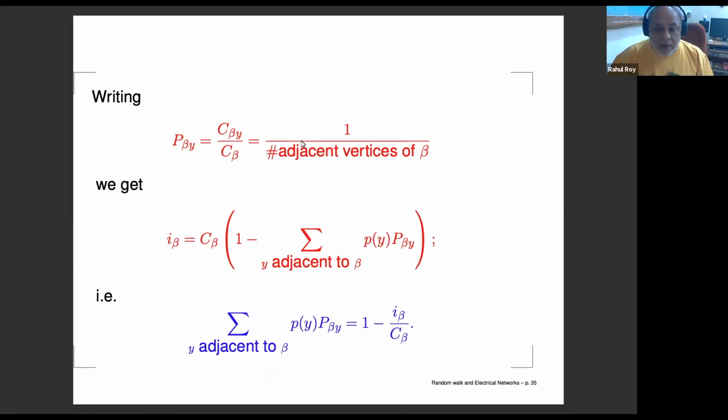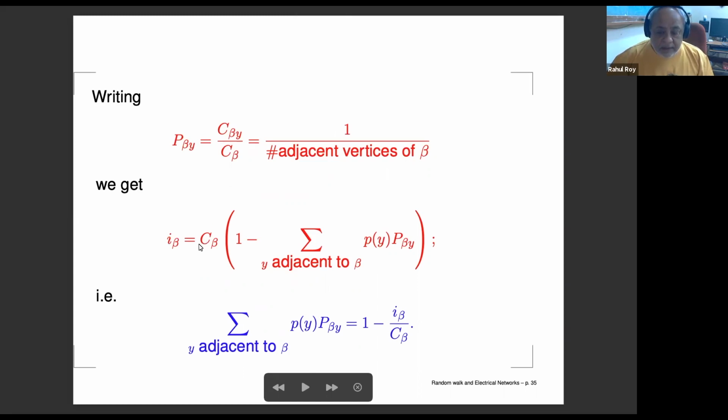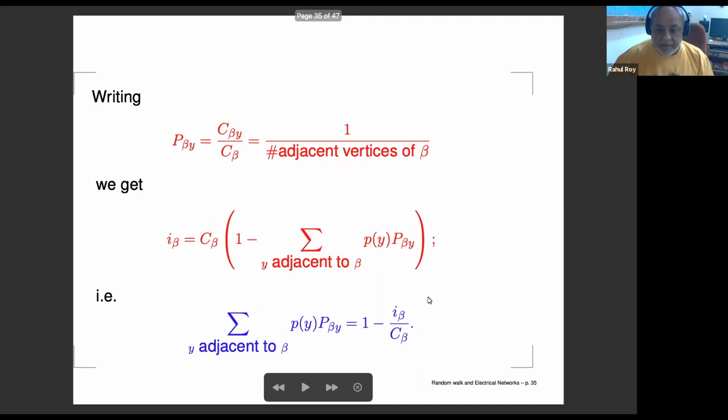In other words, what we get from this previous equation, I beta equal to this term, is exactly I beta equal to C beta times 1 minus summation Py P beta y, because this is the ratio C beta y by C beta. That is exactly what we had here in the last term on the previous page.